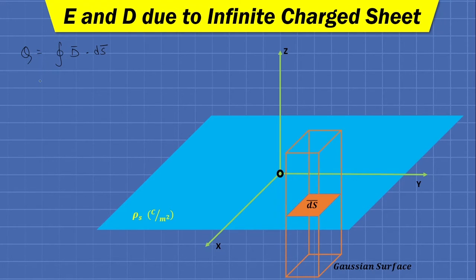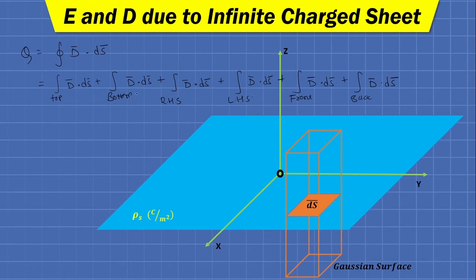Here the closed surface integration will be divided into 6 parts: top surface integration D bar dot dS bar plus bottom surface, plus right hand surface, plus left hand surface, plus front surface, plus back surface integration of D bar dot dS bar.